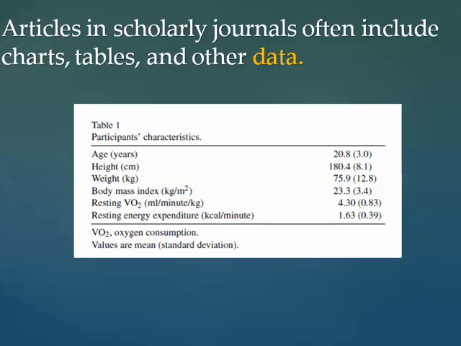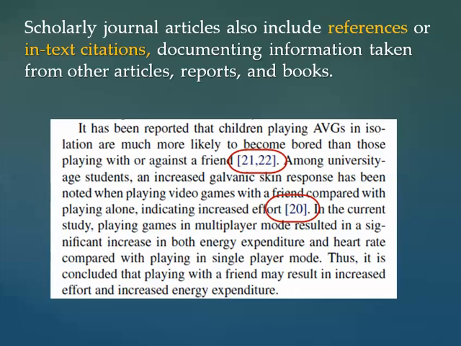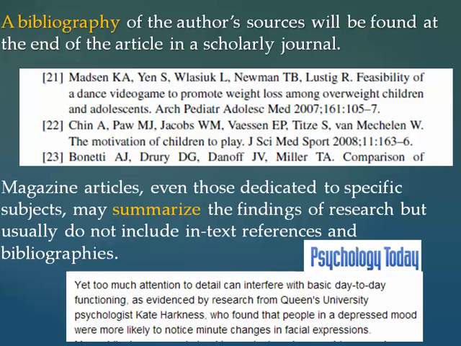Articles in scholarly journals often include charts, tables, and other data. Scholarly journal articles also include references or in-text citations, carefully documenting information taken from other articles, books, and reports. A bibliography of the author's sources will be found at the end of the article in a scholarly journal.